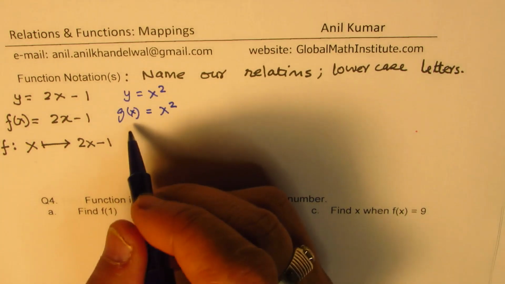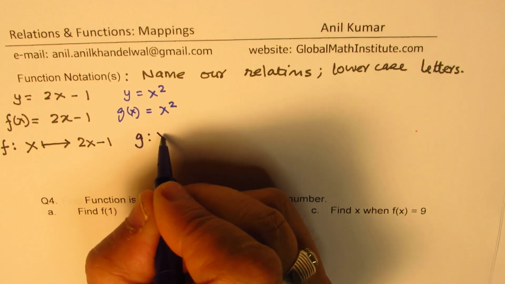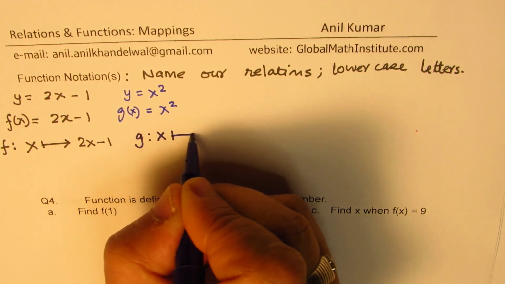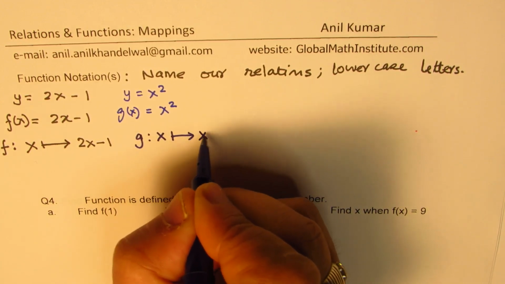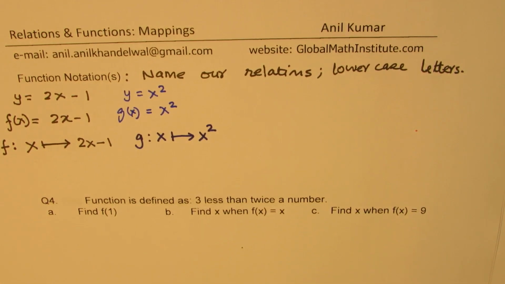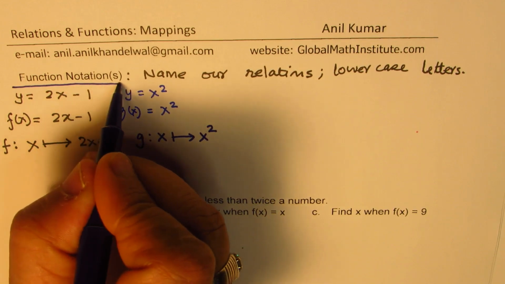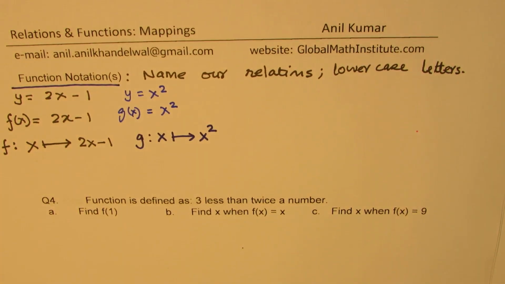Similarly, we could write that as g. The x values now are linked with x squared. So that is another popular way of writing a function, and this is also a function notation. So all these are function notations.